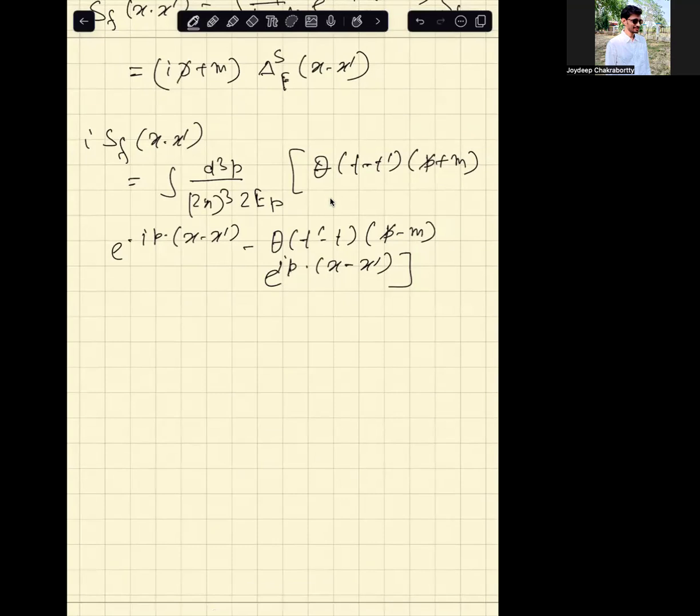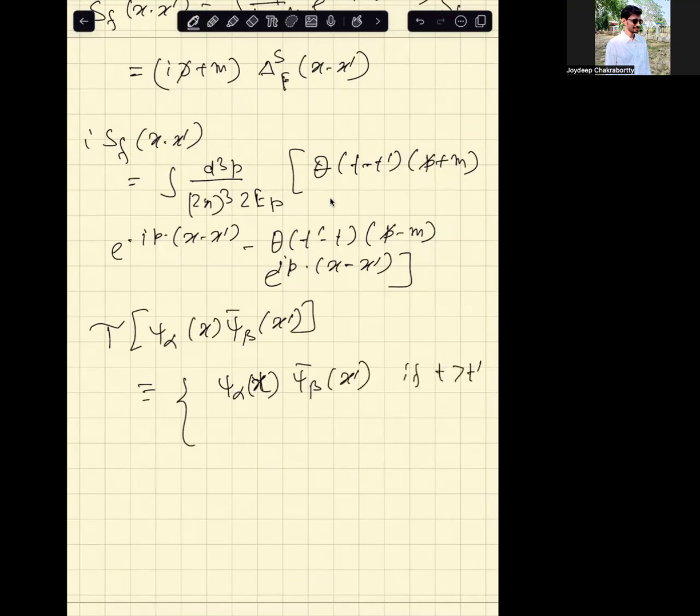So when you have this time-ordered product of ψ_α(x) ψ̄_β(x′), how do you write it down? You write ψ_α(x) ψ̄_β(x′) if t is greater than t′, and then this is minus ψ̄_β(x′) ψ_α(x) if t′ is greater than t.